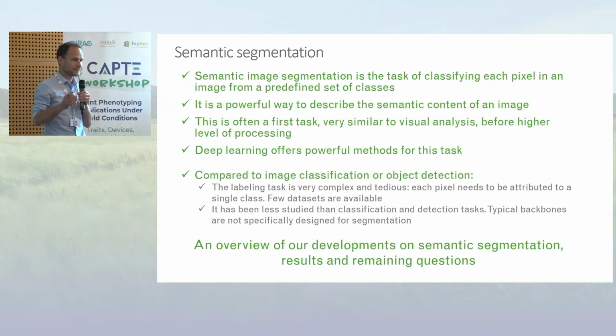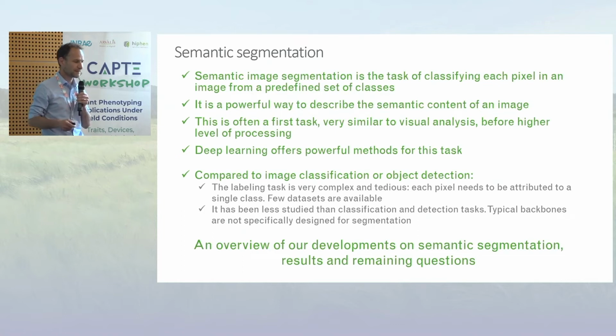Actually, it's a task that is very similar to visual analysis. It's usually a first step before higher descriptions and processes. So we first try to identify in the image the different patches and shapes, and then from this we can extract the other traits.